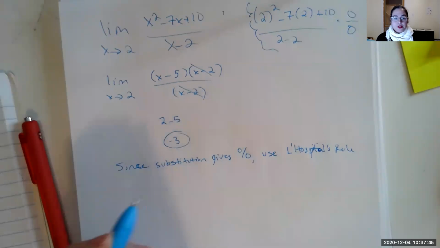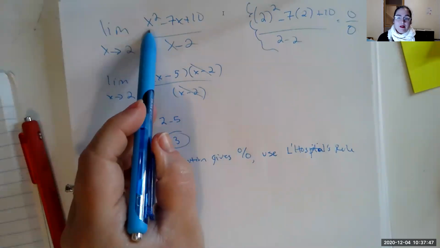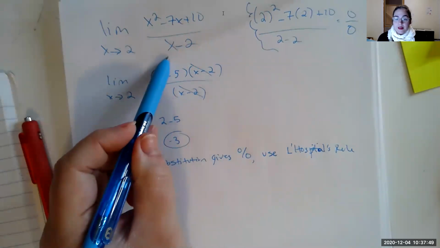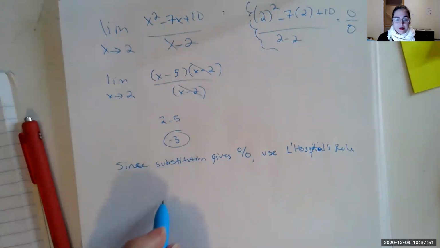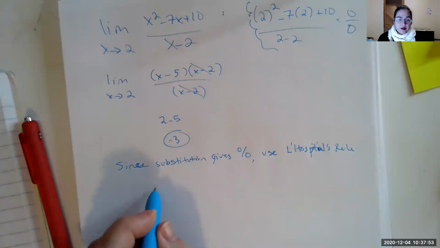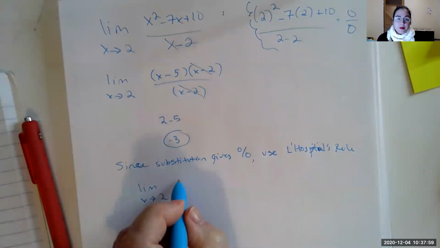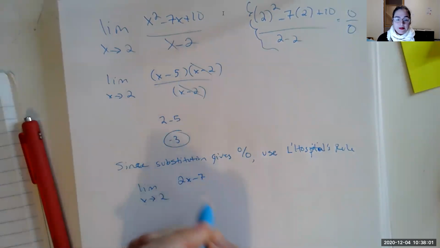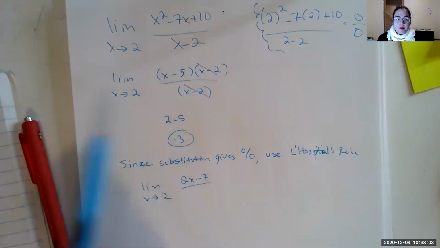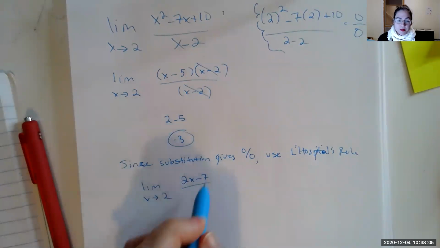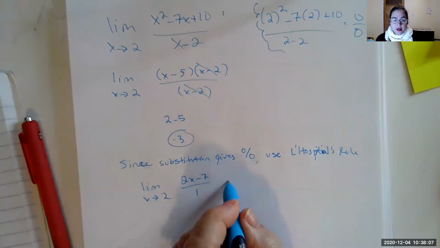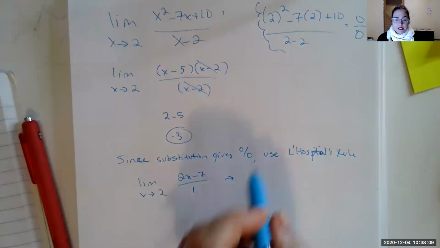We can use L'Hopital's rule. Let's take the derivative of the numerator and then the derivative of the denominator. We still have the limit as x approaches 2. The derivative of the numerator would be 2x minus 7. The derivative of the denominator would just be 1. So let's substitute 2 in and see what happens.